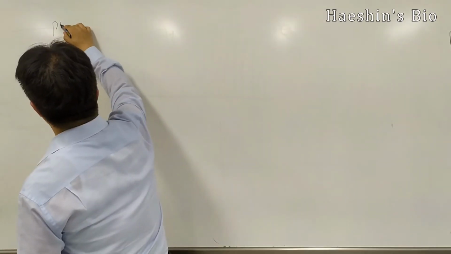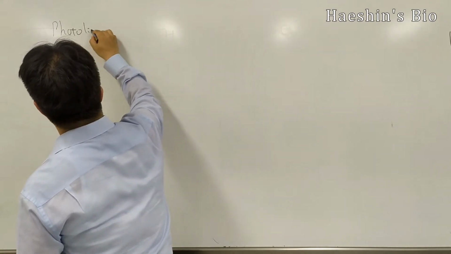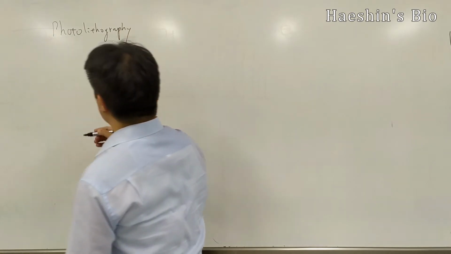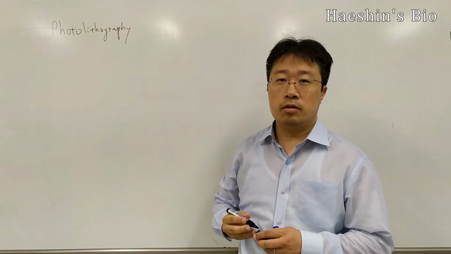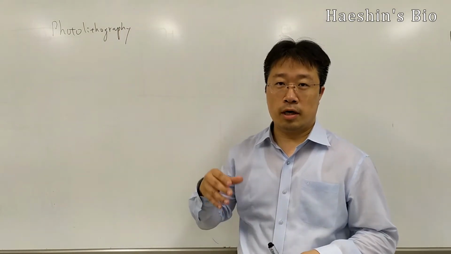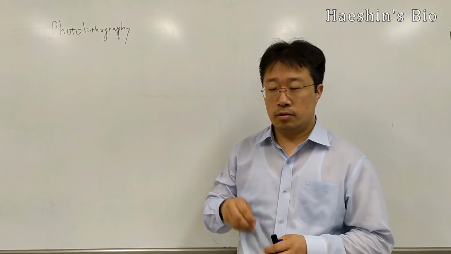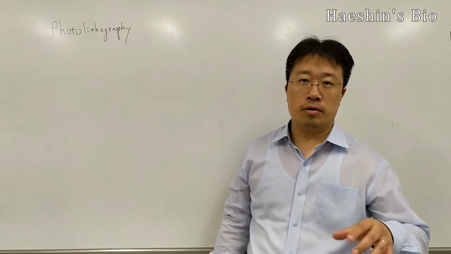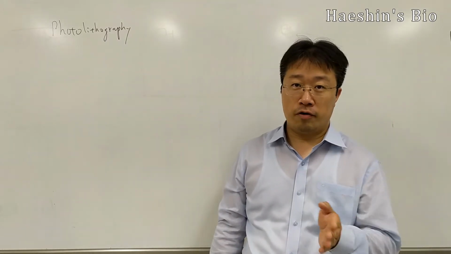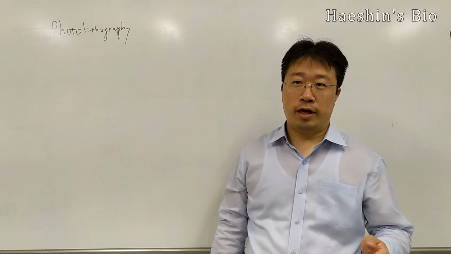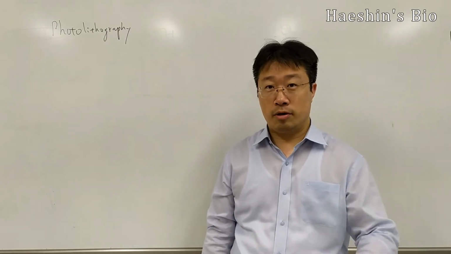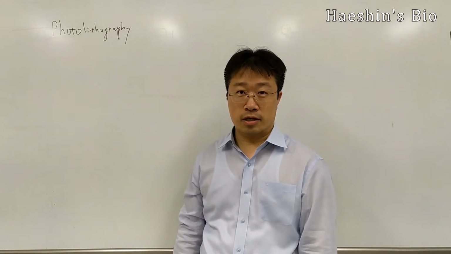First of all, we start from photolithography. Basically, photolithography is how to make semiconductors. So if you decide to learn about photolithography in great detail, you end up with how to make semiconductor devices.